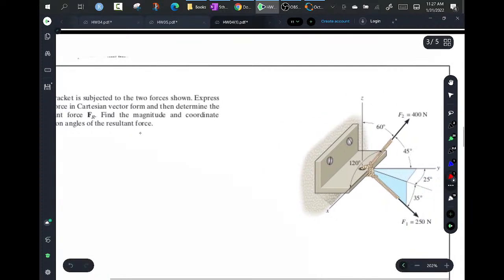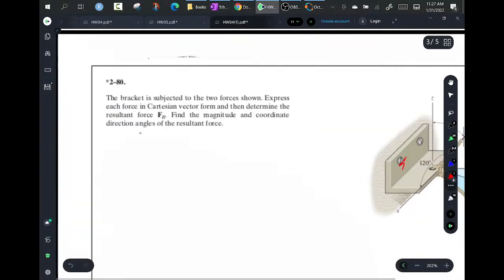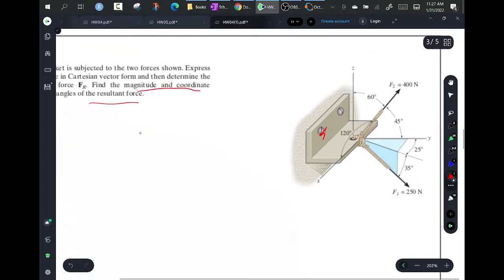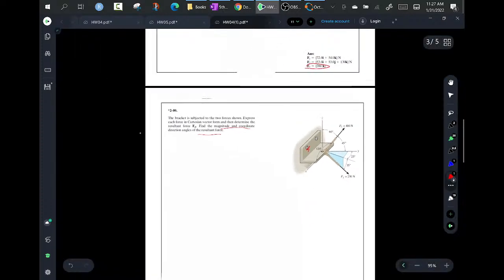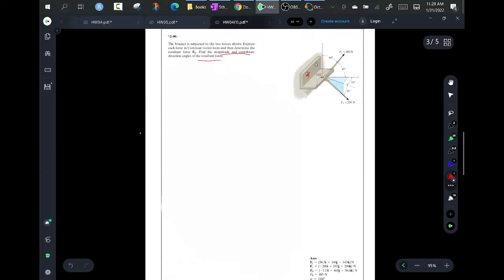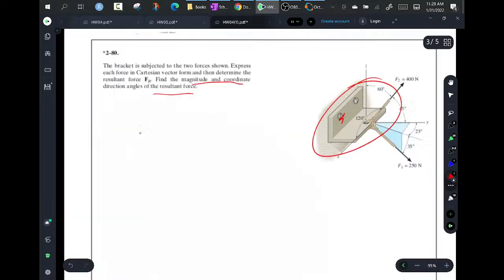Here is some sort of bracket. Okay, so find the magnitude and the coordinate direction angles of the resulting force. Okay, so he has 2 of them. Let me just see what else is down here, see if I do a repeat. Okay, there's no repeat. In other words, the same picture is used twice.